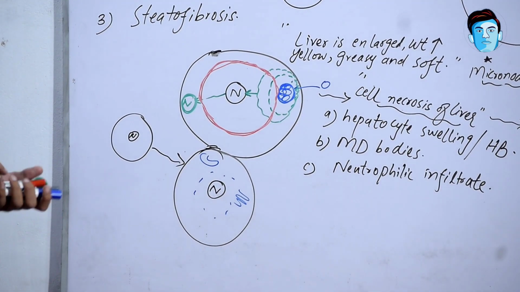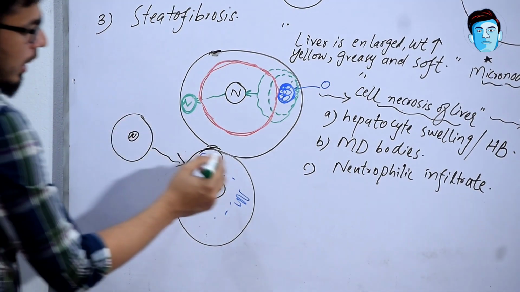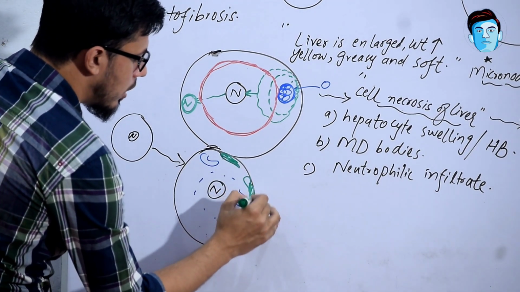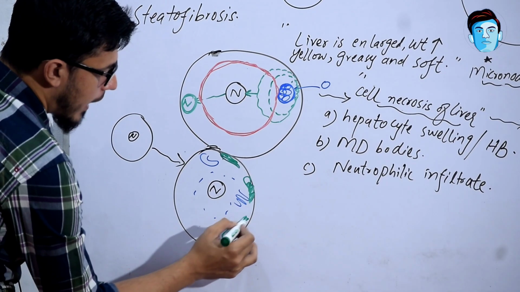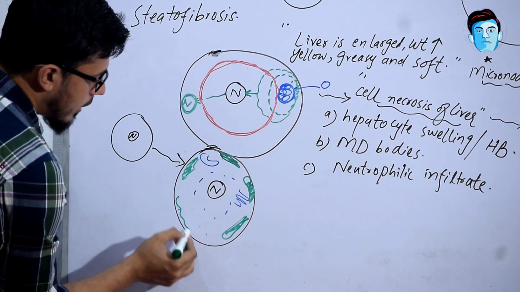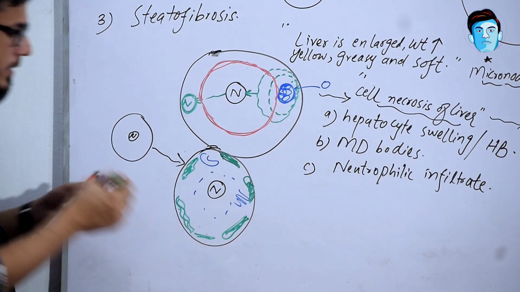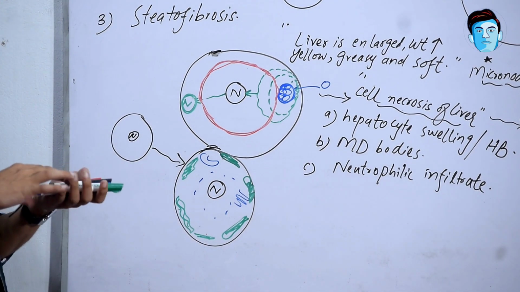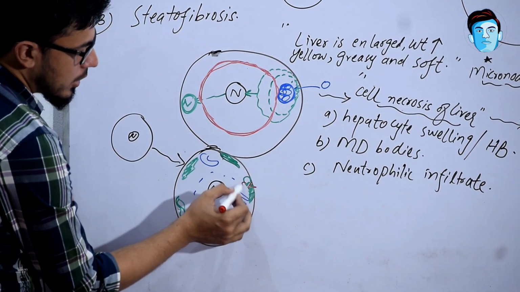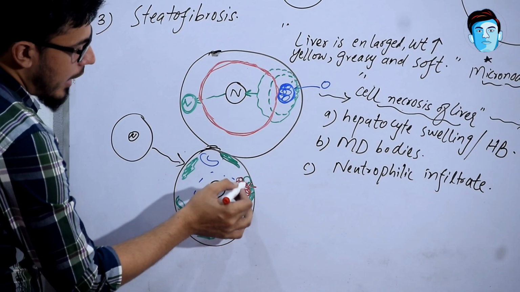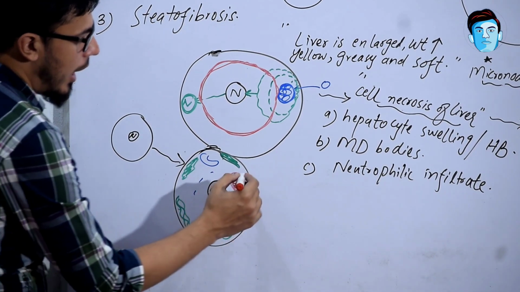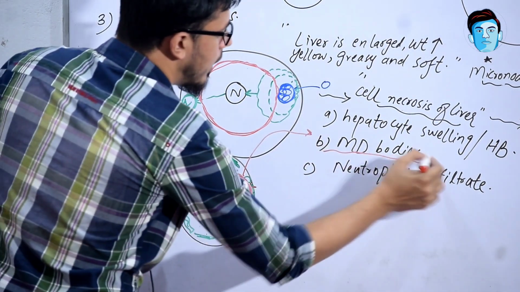In a similar fashion, there is one another special organelle located just below the cell membrane. It also starts getting degenerated. When it degenerates, it takes the pink stain and forms an aggregation, and that aggregation is called Mallory-Denk bodies.